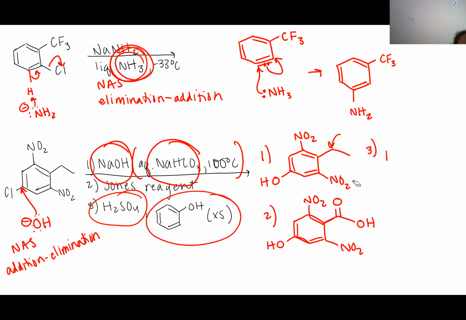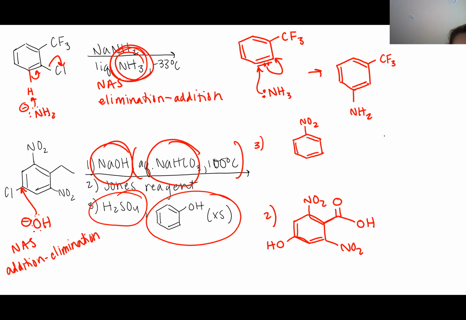I'm gonna erase step 1 just so I have a little more space here. So we still have all this stuff on here. We still have our carbonyl, but now instead of a carboxylic acid, we have an ester.